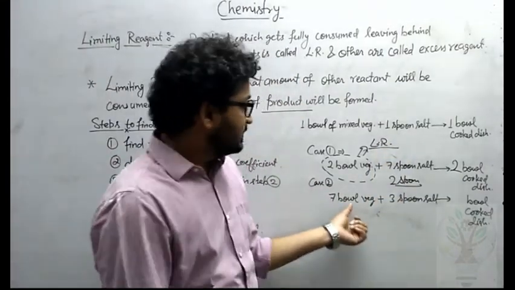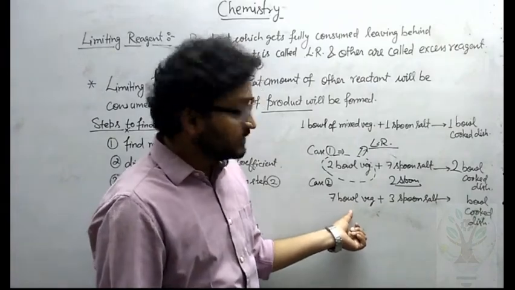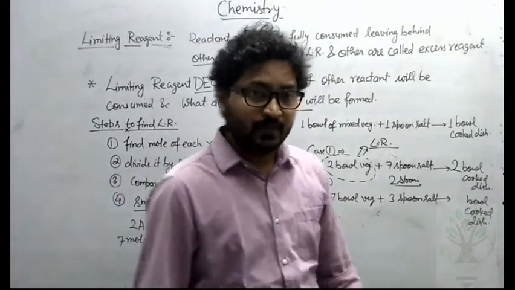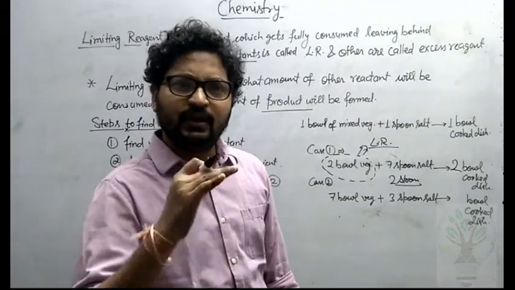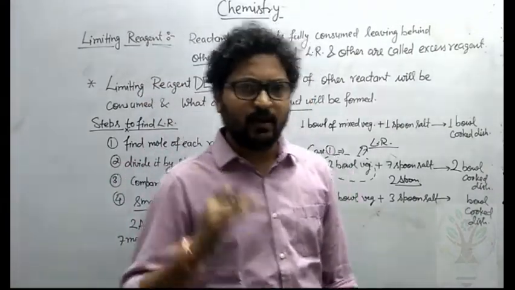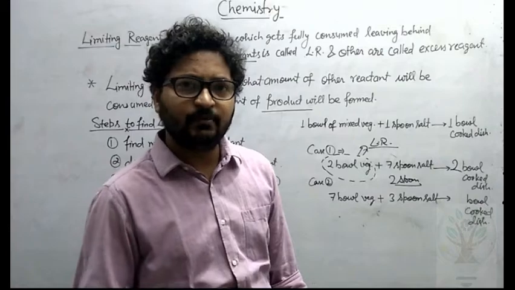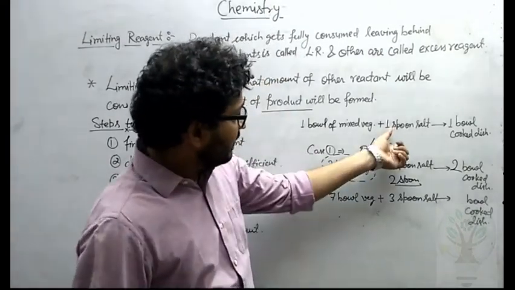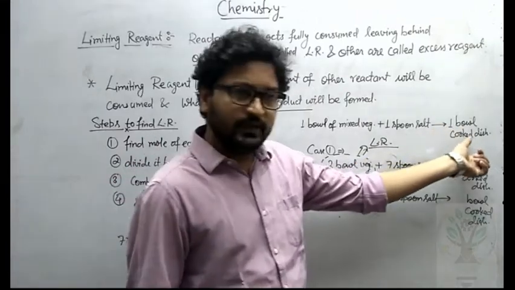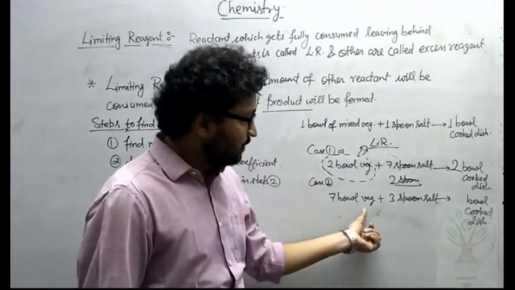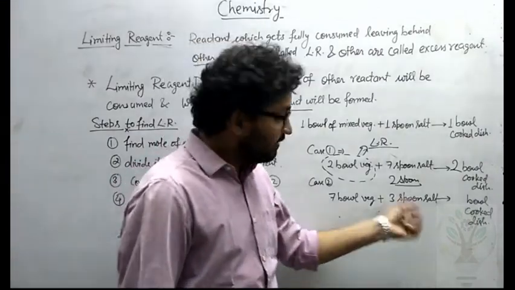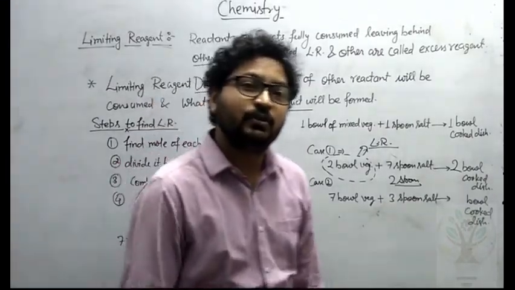Okay. Now fine. See, if I take a case where I have 7 bowl of raw veg and 3 spoons salt, can you guess how many bowl of good quality dish will be formed? See, if I have 1 of both, I get 1 bowl of dish. Now I have 7 bowl veg, so I will require 7 spoon of salt, but how many spoon of salt do you have?